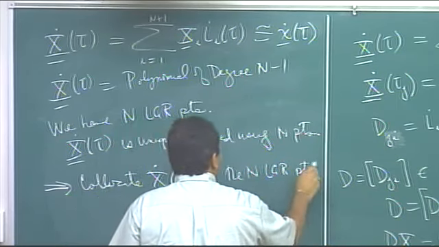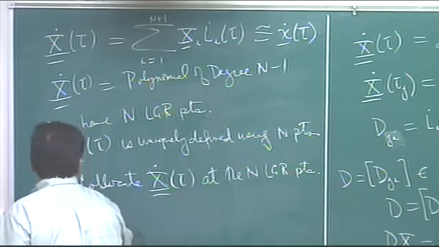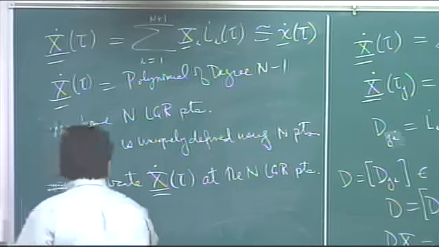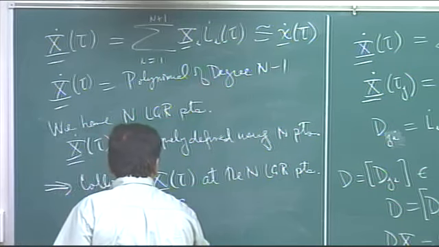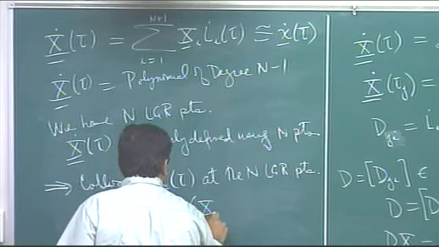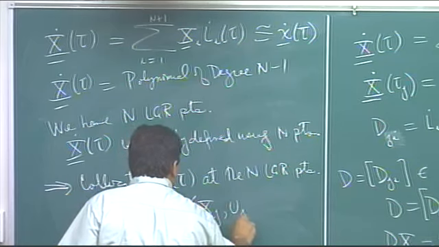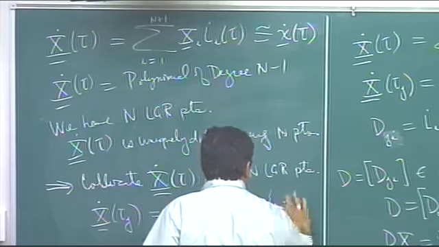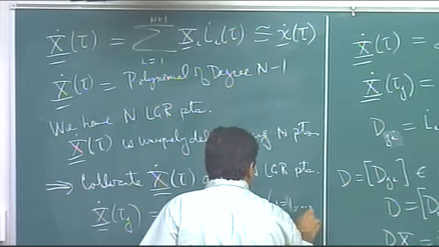And we wind up with the following result, which is that x dot of tau j is equal to f of xj uj. And now, we go from j equals 1 up to n.